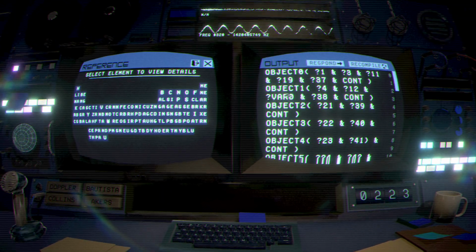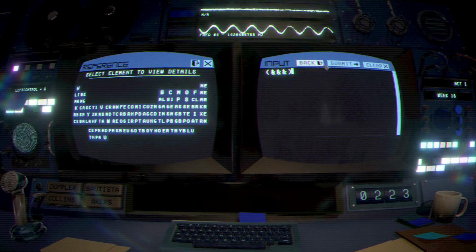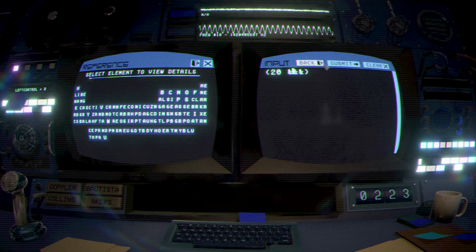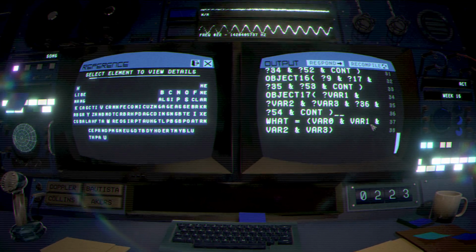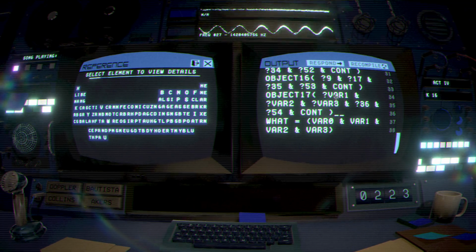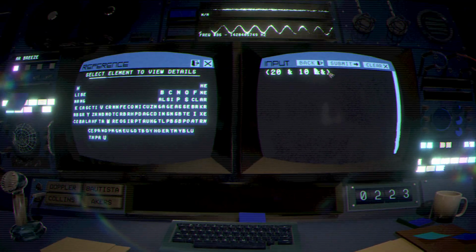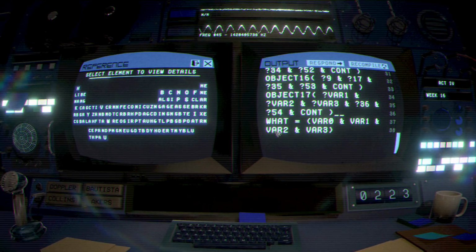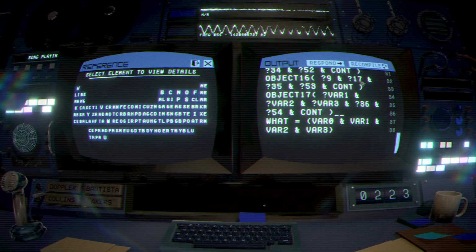Let's just go 1 up, right? So this would be 20. Assume that variable 0 would be 20. Variable 1 would be 10. Variable 2 would be 18.